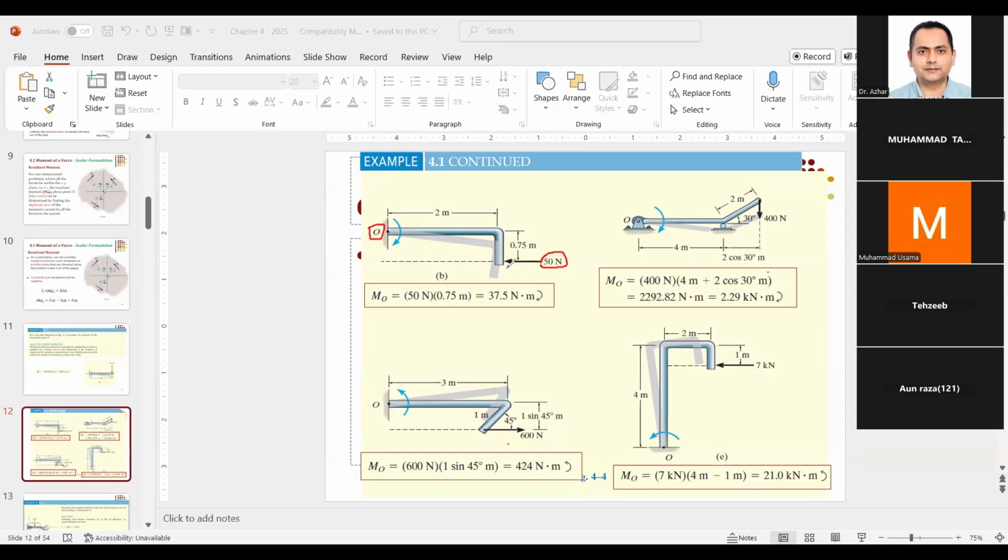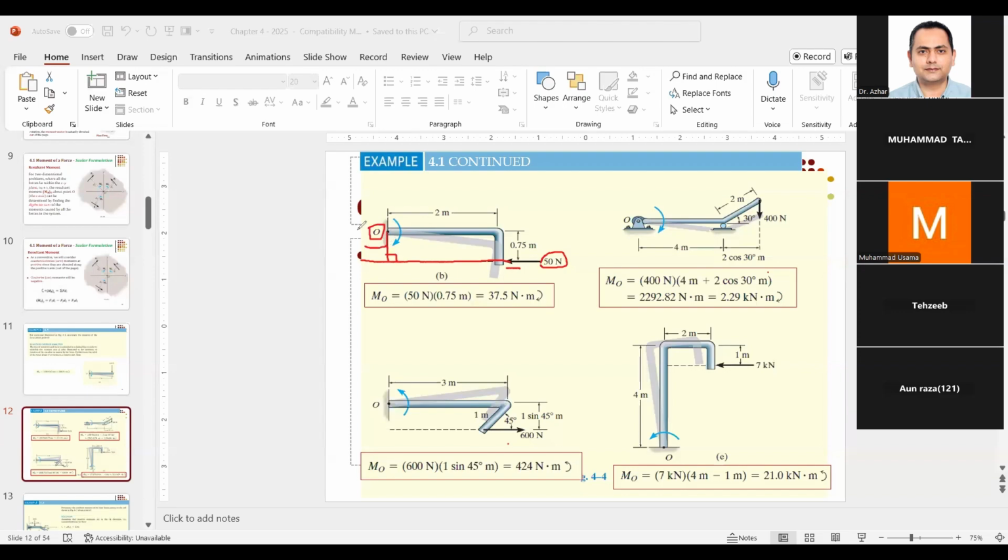Now the force is here. What you will do is you will extend the line of action of the force, and from point O, draw the perpendicular distance. This perpendicular, right here.